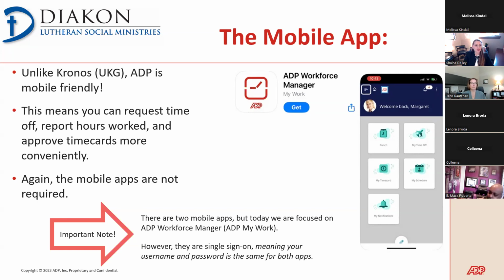And again, everything is single sign-on, so the login information you're using to get into Workforce Now and Workforce Manager is the same. That is also true for the mobile app. Really just strongly encouraging that everybody on this group gets comfortable with the desktop view before navigating the mobile app, but we'll include some additional information about mobile app functionality as well.